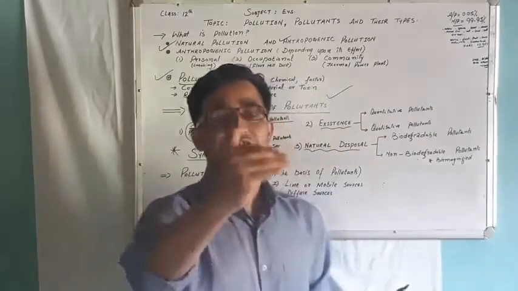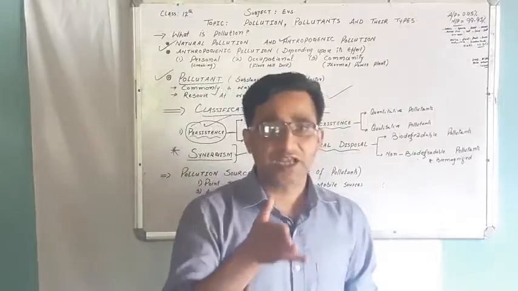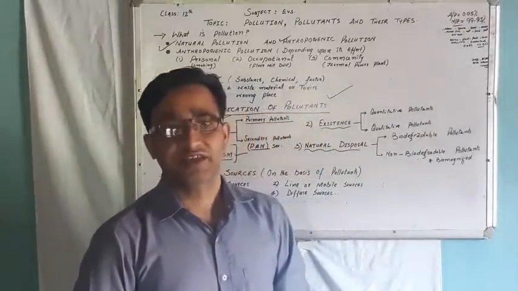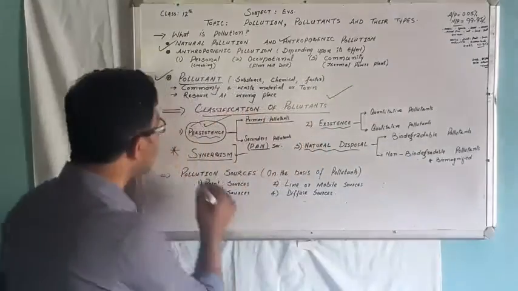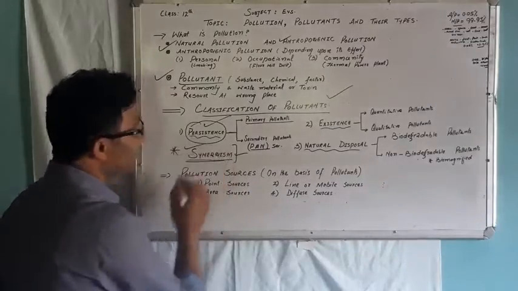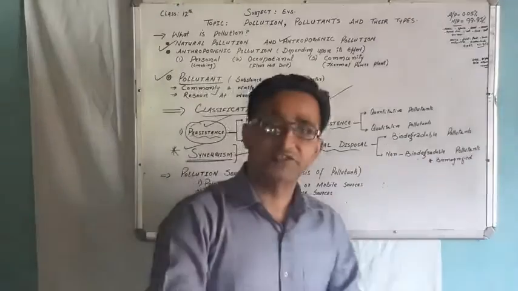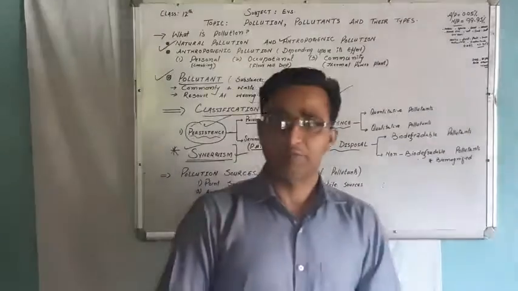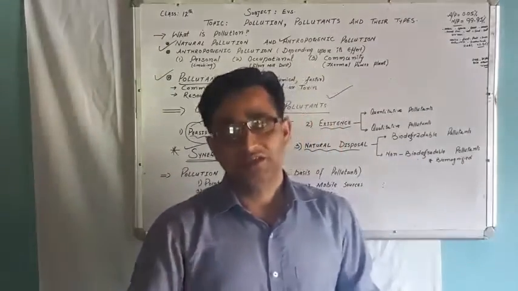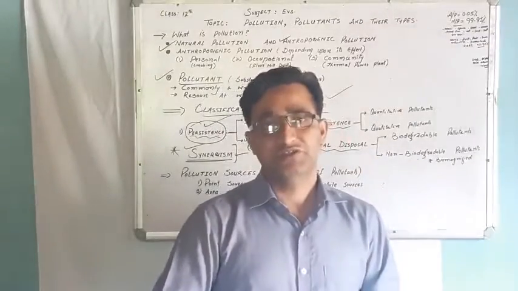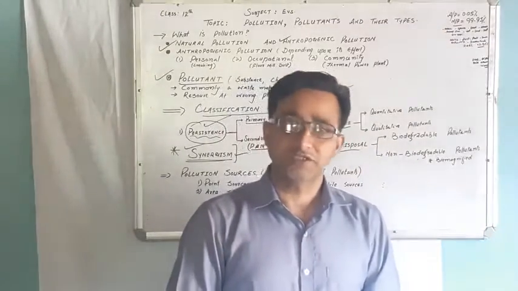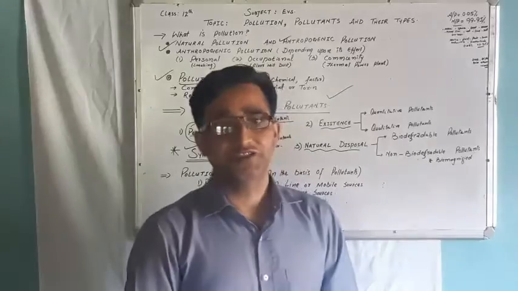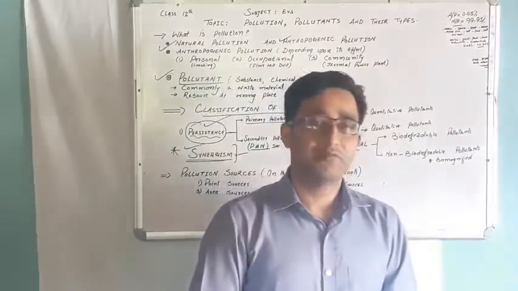This increase in toxicity in the secondary pollutants is called synergism. इस प्रोसेस को हम synergism कहते हैं. A very important term, कि synergism क्या होती है. Simply, it is the process in which the secondary pollutants are more toxic as compared to the primary pollutants.